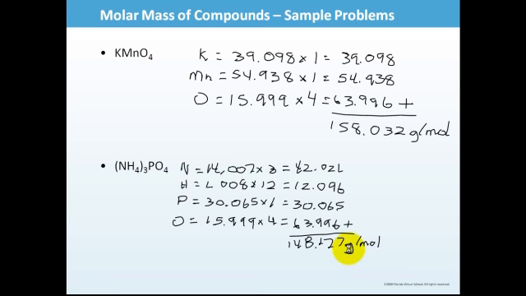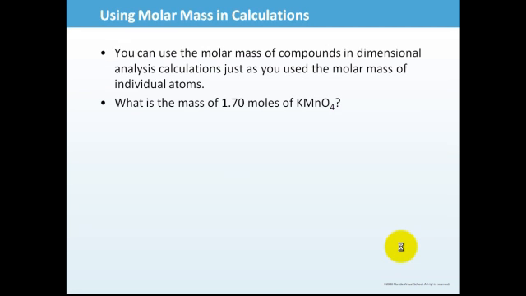Alright, so now that's just to get the molar masses. Now again, just like we did back in lesson 2.04, we can then use that molar mass in a calculation, in a conversion. So the question here is, what is the mass of 1.70 moles of KMnO4?